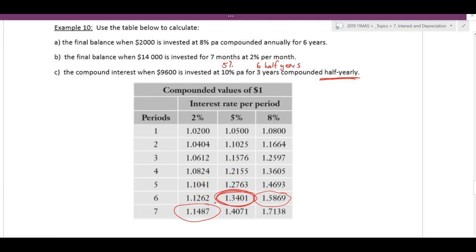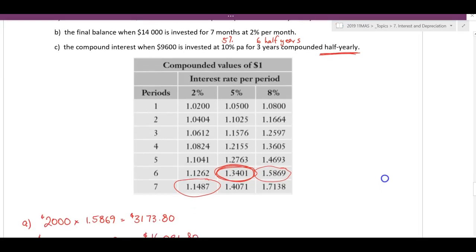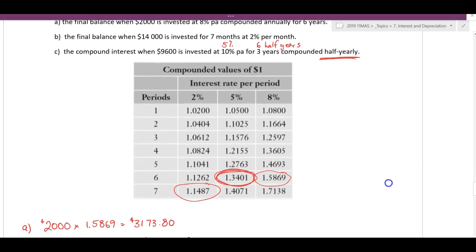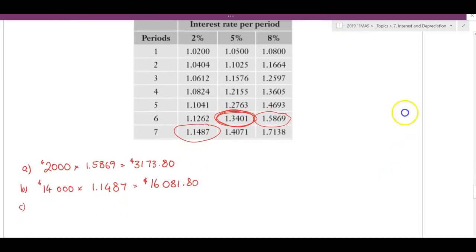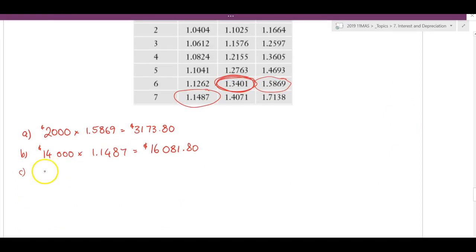There's a bit of a clue there that there's no 10% column. If you get a question and you can't find the interest, you can't find the right column or row, then you're probably looking for the wrong thing. So, we've got 9,600 and this factor here. 9,600 times 1.3401.